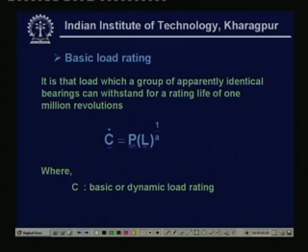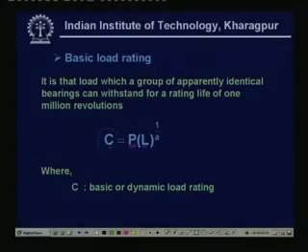Now, what it physically interprets is that the bearing will have a life of only 1,000,000 revolutions. So, if it is only 1,000,000 revolutions, what is the basic load rating? The dynamic load rating is the load at which the bearing fails in only one revolution, so it should be very high.